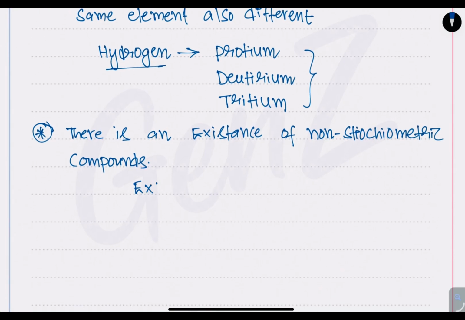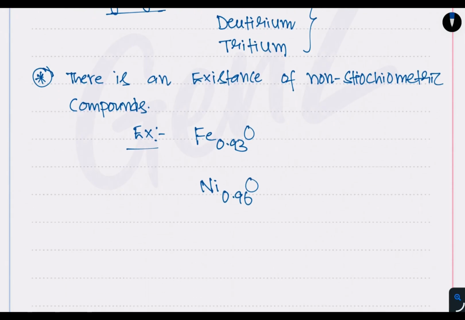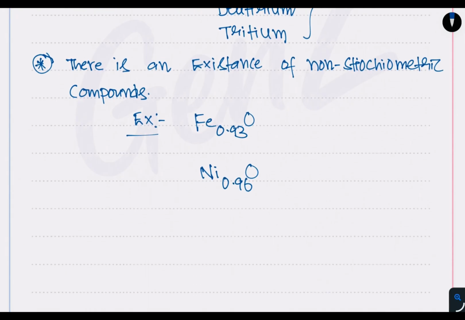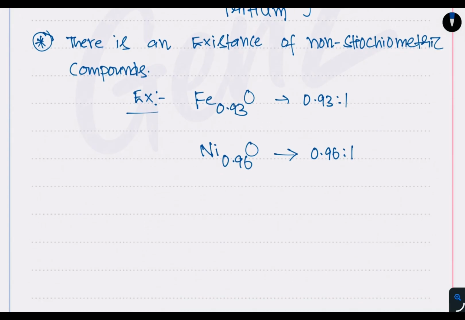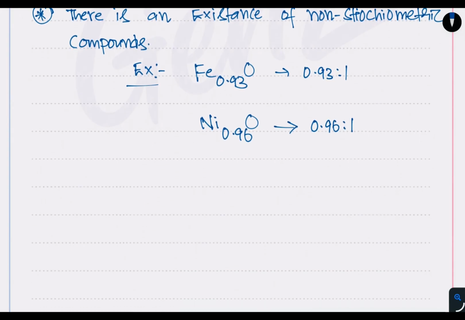For example, Fe0.93O and Ni0.96O, where iron and oxygen are present in a fractional ratio of 0.93 to 1, and nickel and oxygen in a fractional ratio of 0.96 to 1. So there are compounds having fractional ratios, and our third postulate is also proved wrong.